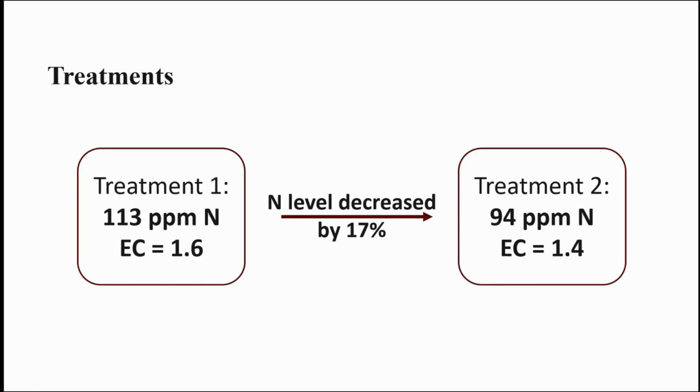And we included two treatments for our different lettuce varieties. The first treatment is a 113 ppm nitrogen rate. The EC of the nutrient solution is about 1.6. And for the other treatment, we reduced the nitrogen level by 17% to a 94 ppm nitrogen rate, and the EC is about 1.4.